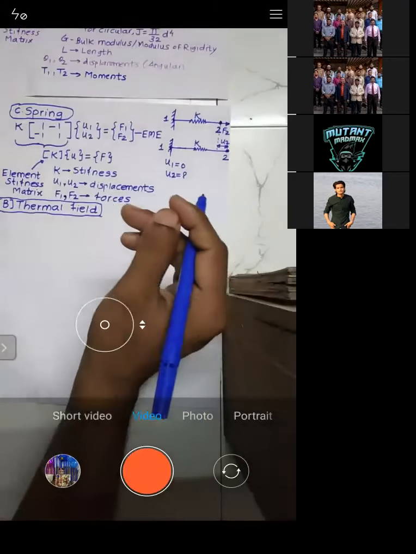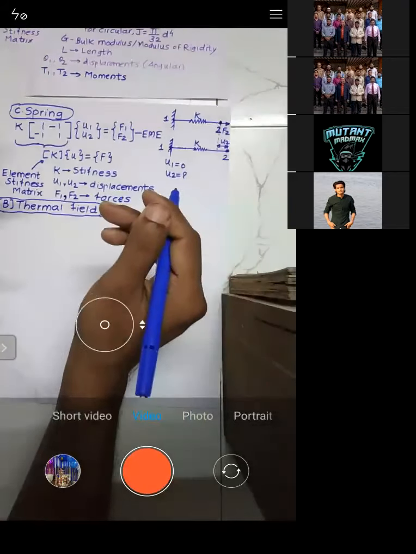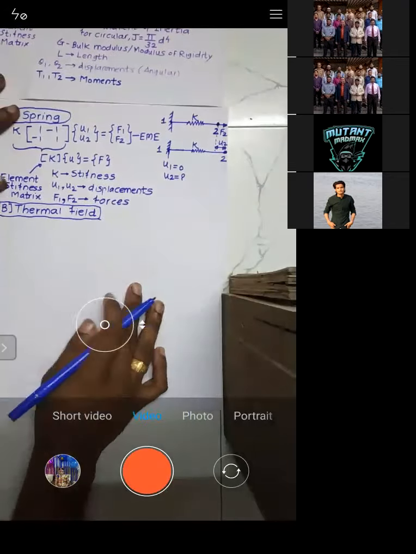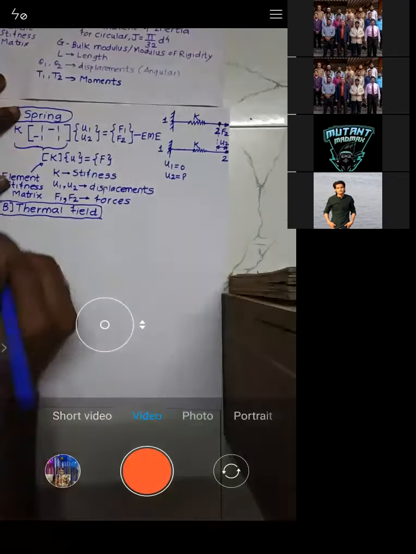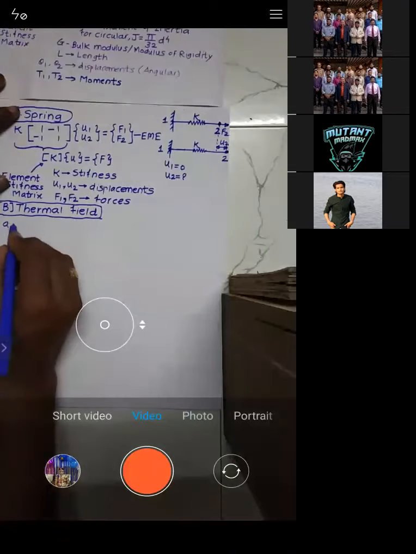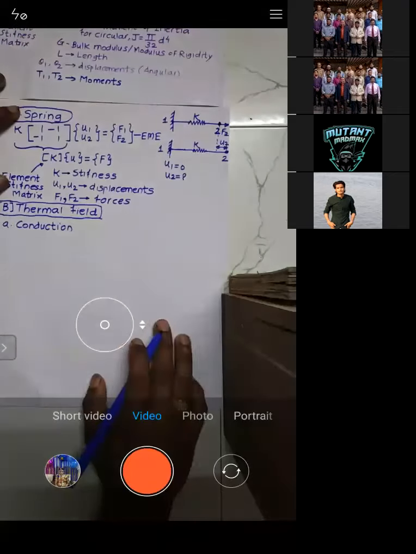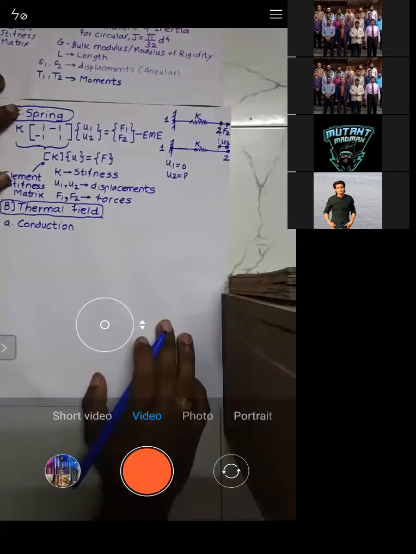We will be majorly focusing on conduction and convection. So let's start with conduction.